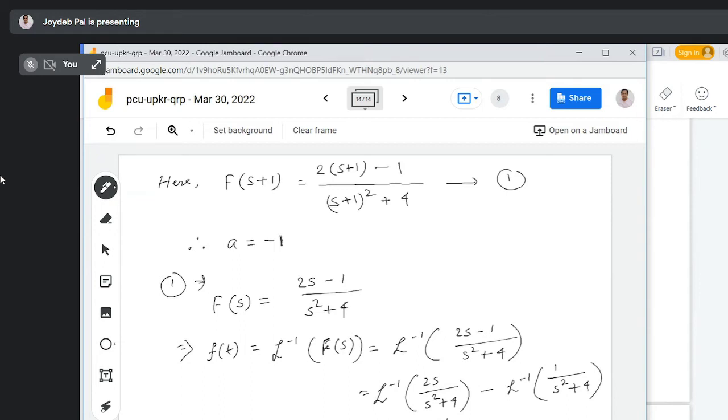If it is Laplace inverse of 2 by (s square plus 2 square), then it is sin 2t. But that 2 is not there, na? So you just multiply and divide it by 2. So it will be 1 by 2 sin 2t, right?